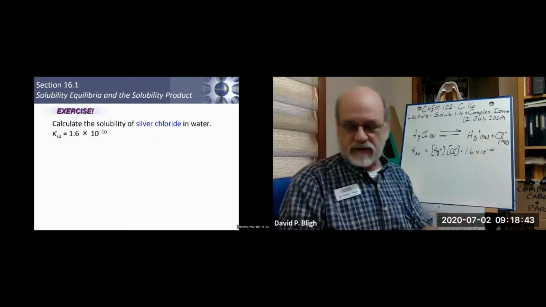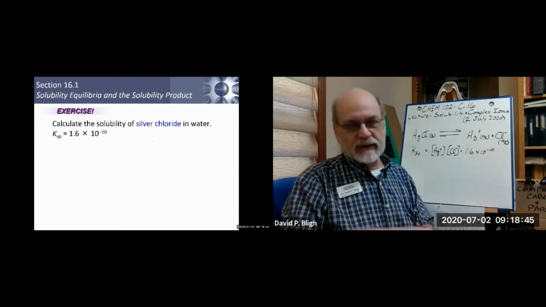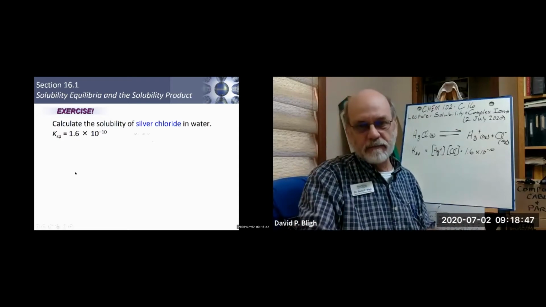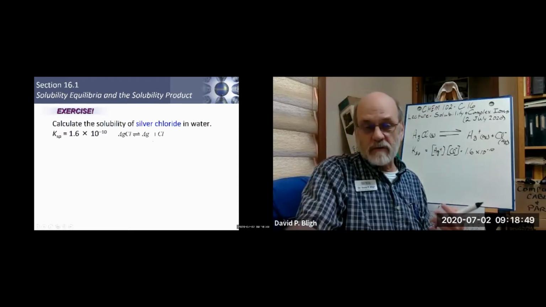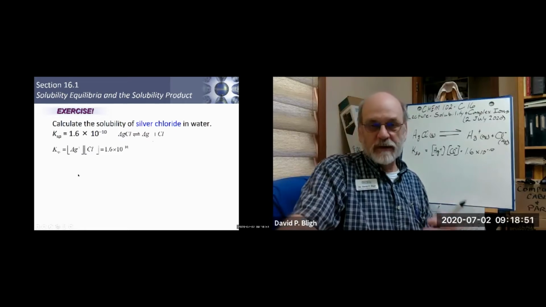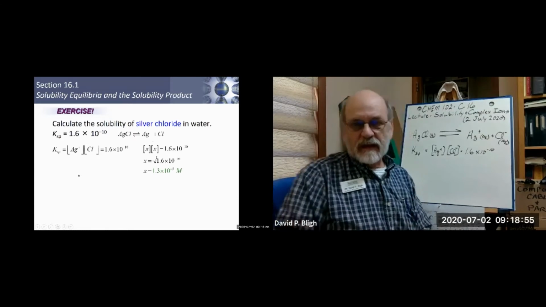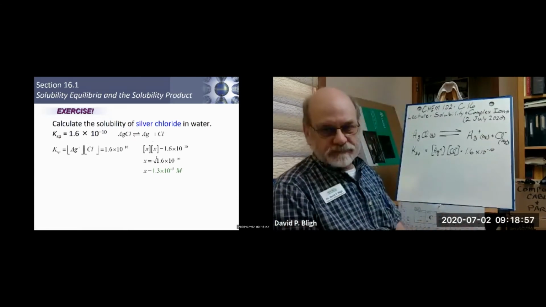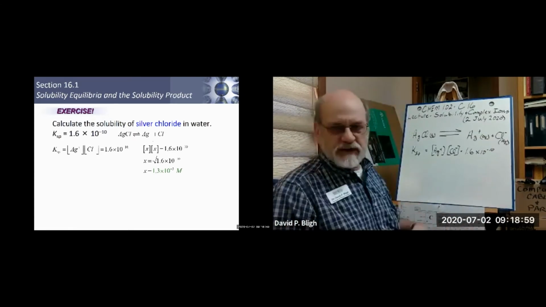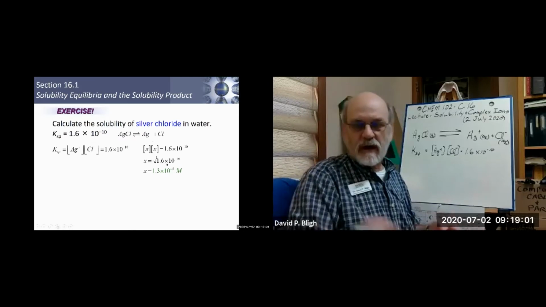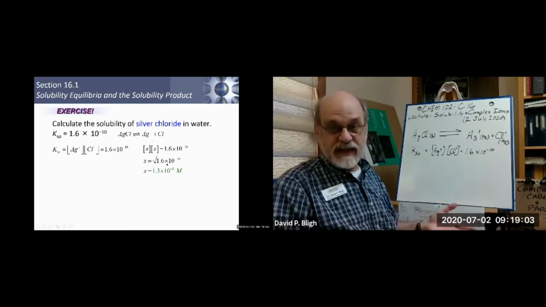Okay, so now back to the problem. Here we go. So there's our equilibrium expression. That's what it looks like. Now, where do we get this expression? This is an abbreviated version of the ICE table.